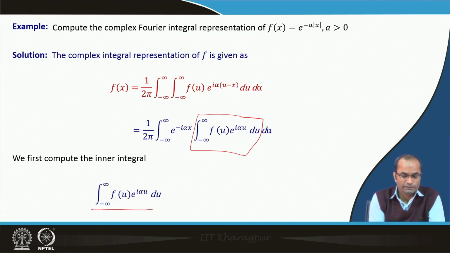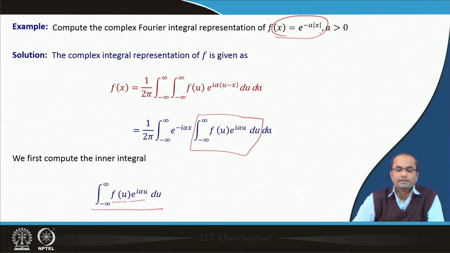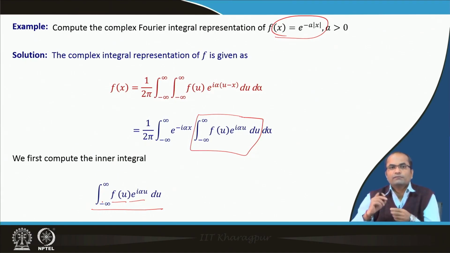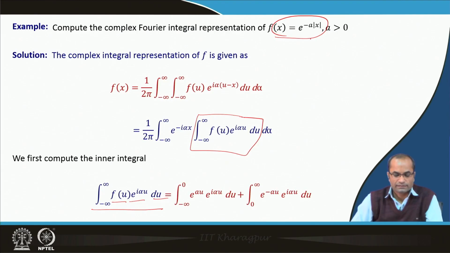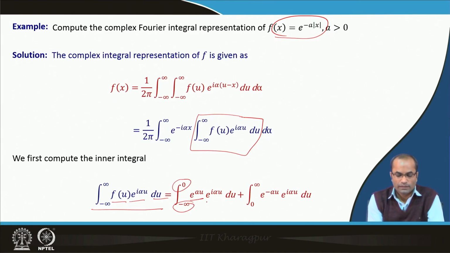So, the inner integral, f(u) e power i alpha u du, since f(x) is given by e power minus a absolute value of x. We can break this integral from minus infinity to plus infinity into two parts. One will go from minus infinity to 0, the other from 0 to infinity. When u is in the range minus infinity to 0, we will have e power a u, and then the term e power i alpha u.